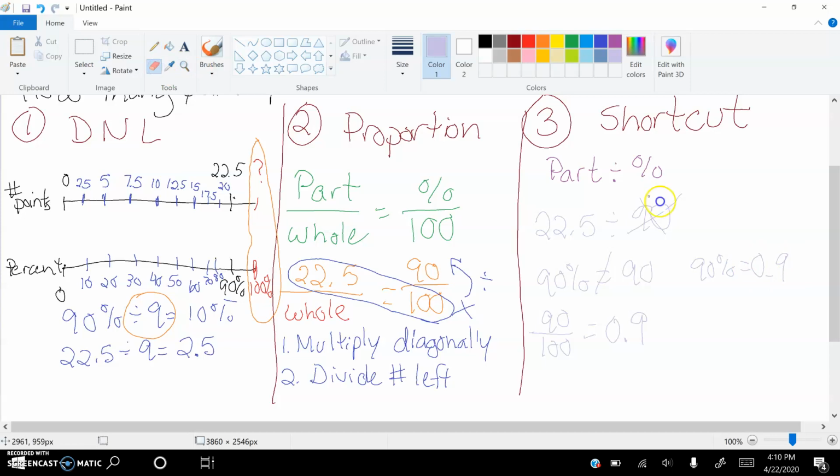So up here, I'm going to erase this 90. We're not going to do 22.5 divided by 90. We're going to do 22.5 divided by 0.9. And that will give you the total number of questions on the test. So whichever one of these three strategies you like best, use that to solve our problem.